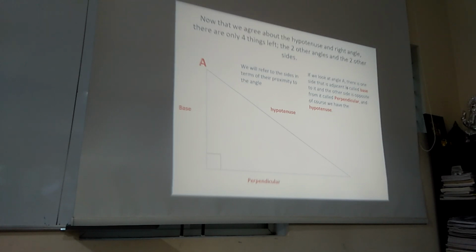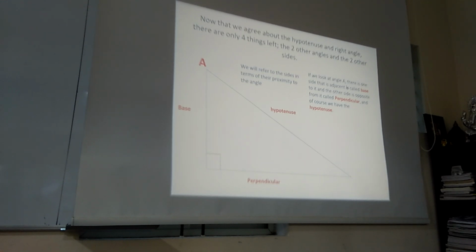For this angle, this is just opposite, so this is called the opposite side. Or this is the side perpendicular to the right angle, so we call it the perpendicular side. Either it's called the opposite side or the perpendicular side.